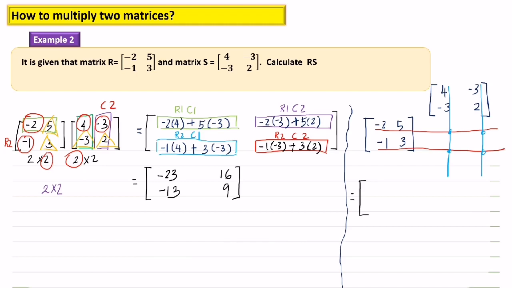Okay, the first one is first row, first column, right? So it is basically still like what we did just now. Negative 2 times 4, you just follow the line. So negative 2 times 4 plus, we have another number at the same row, 5 times negative 3.